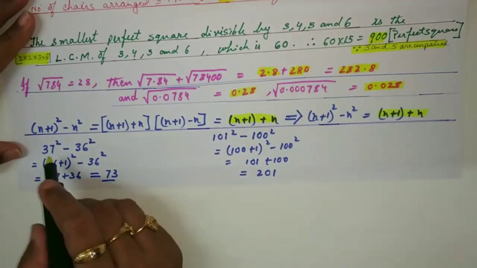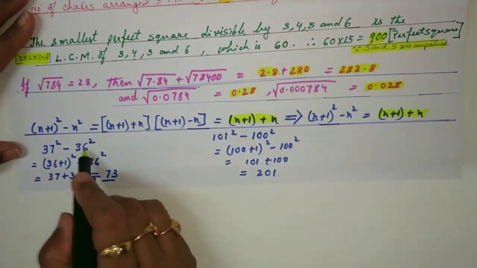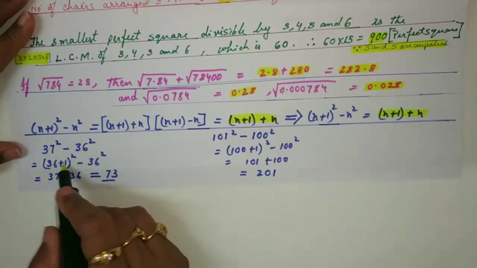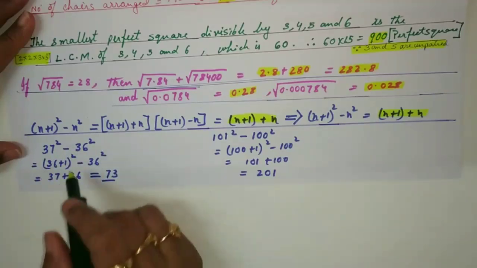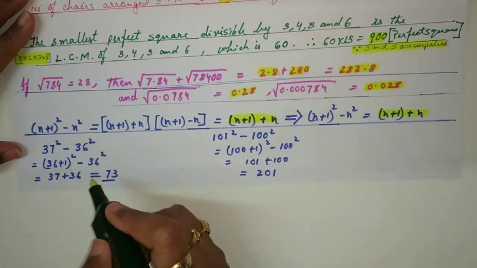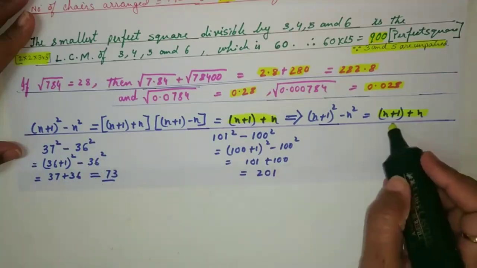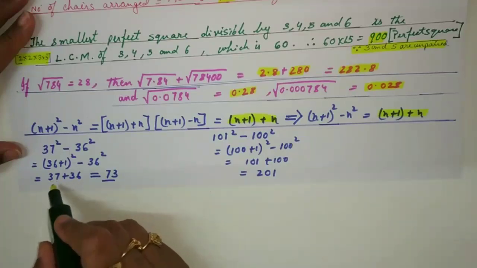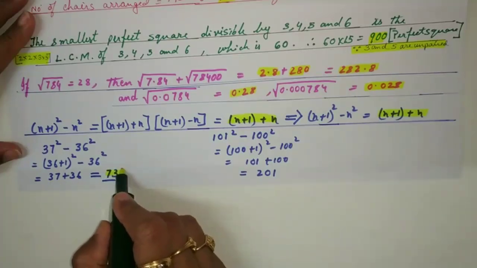Now, if your question is 37 square minus 36 square, and 37 means 36 plus 1, that is n plus 1, and 36 means n square. So what is the formula? n plus 1 plus n, that is 37 plus 36, which is 73.